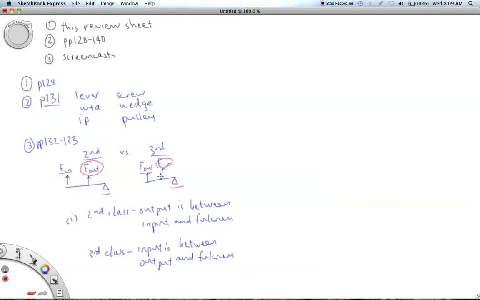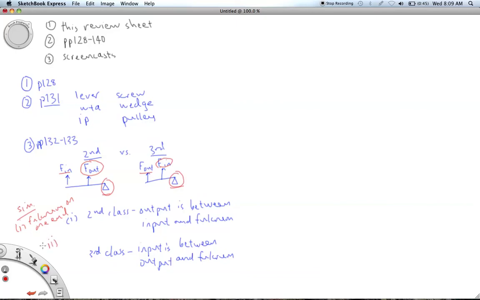Now, the question here doesn't ask it, but if it were to ask for similarities, what could you say? Number 1, fulcrum on one end. So what you can see here, this is on one end, this is on the same end, it's not in the middle.